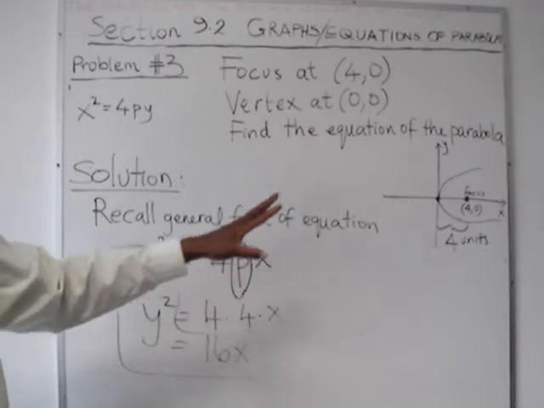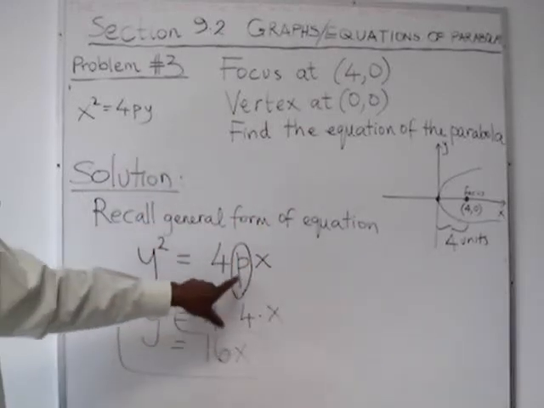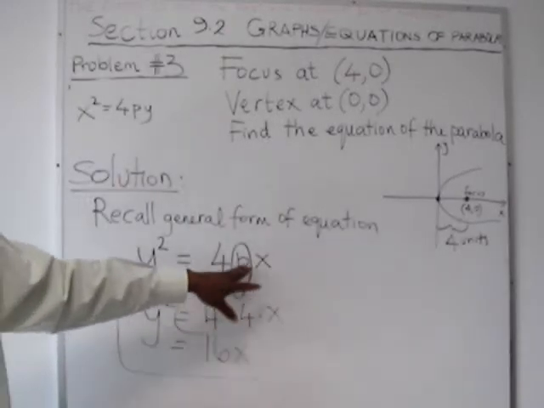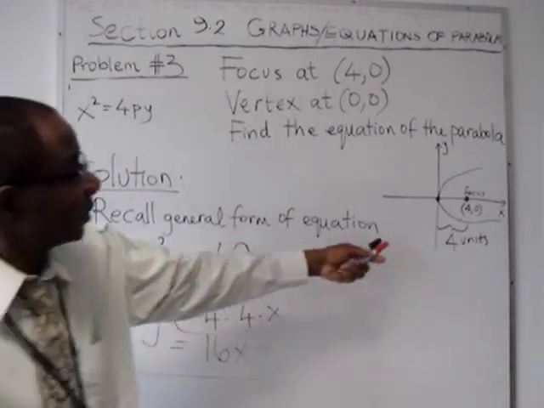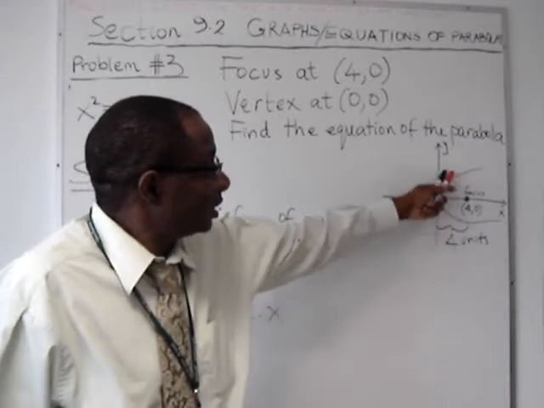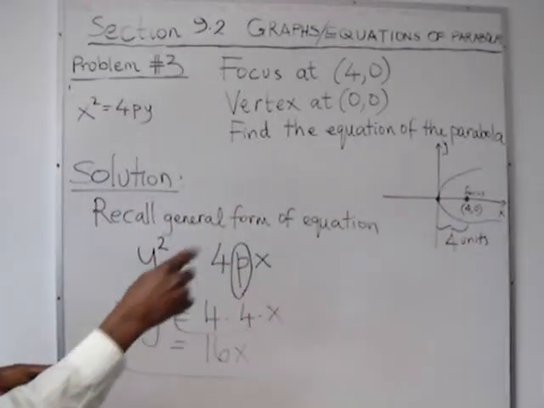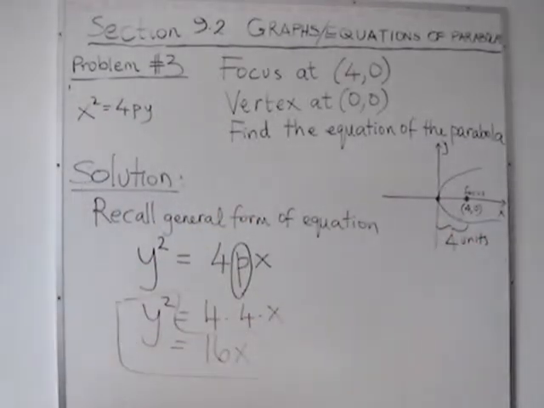That's the key, and p is the parameter or the constant there that has certain properties related to the parabola, and once you remember that, you can always figure out things.